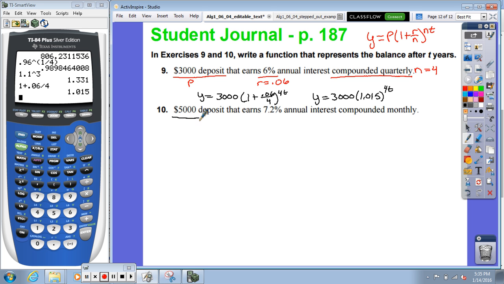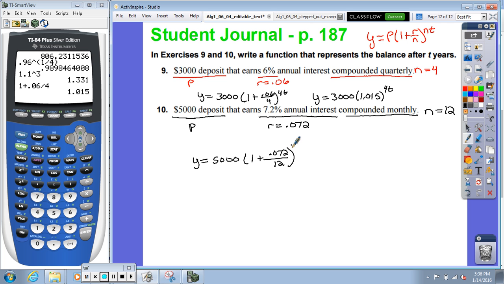On this one, $5,000 deposit, that's your P. 7.2% annual interest, so your rate, moving the decimal, is 0.072, and compounded monthly means 12 times in a year. So we're going to write y equals 5,000 times 1 plus, put your r over your n, to the n times t.